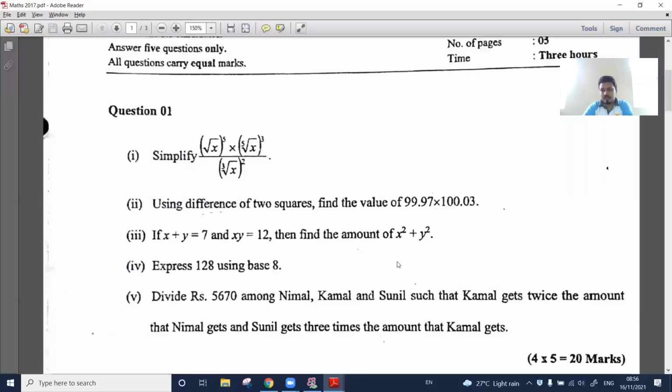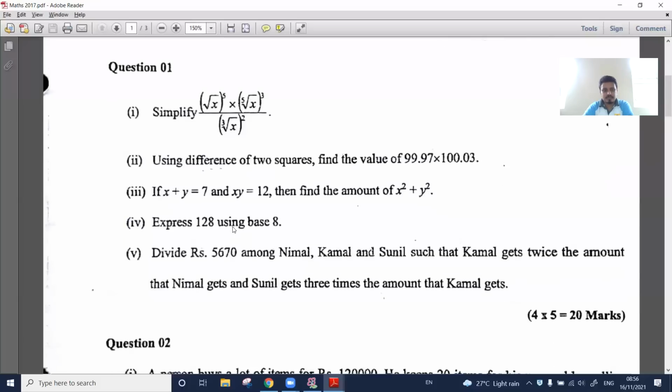Then part 3. If x plus y equals 7 and x into y equals 12, then find the value of x squared plus y squared. They have given us two pieces of information: x plus y is 7 and the multiplication xy is 12.